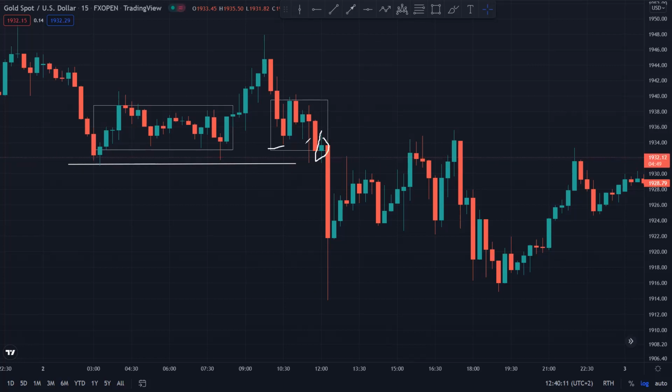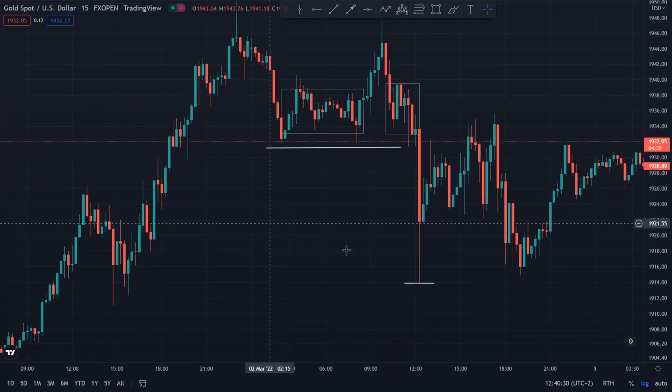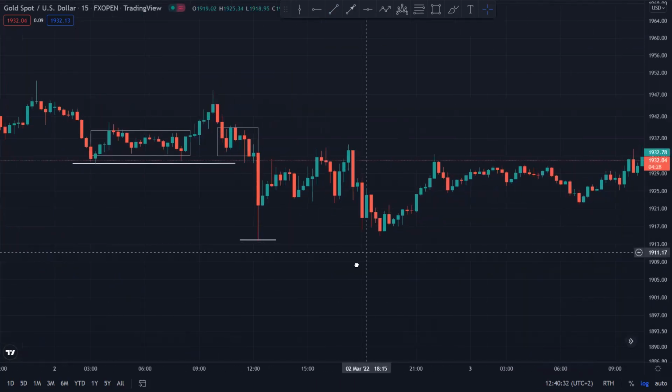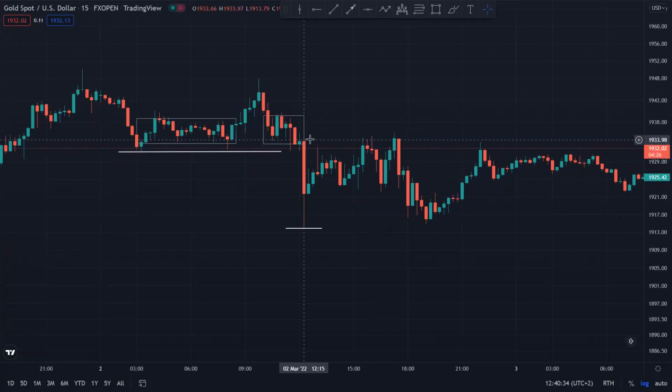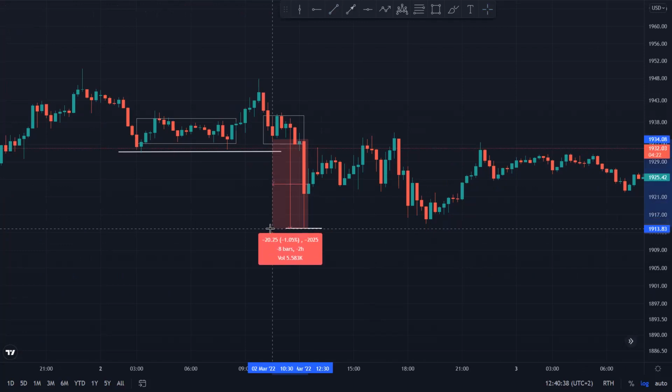Number one, it broke both these boxes and it took out this swing low, and it created a new low here, lower than this one. So when that happened, this one qualified to be a bearish order block. And if you look carefully, we are talking about how many points?